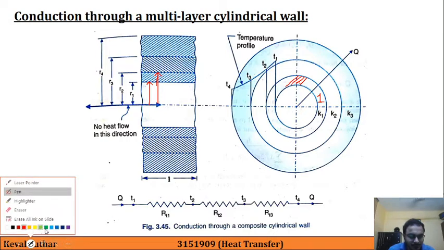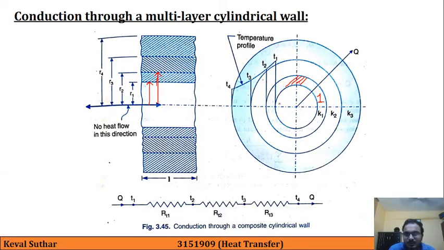Then after that, we are having this as the second part or second cylindrical wall or pipe, which is shown with this area. I am not drawing for the full circle. You should be able to understand this. So here for the second part, this will be the inner radius and this will be the outer radius.